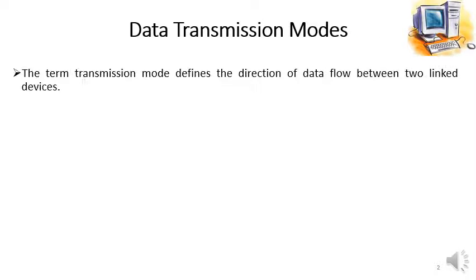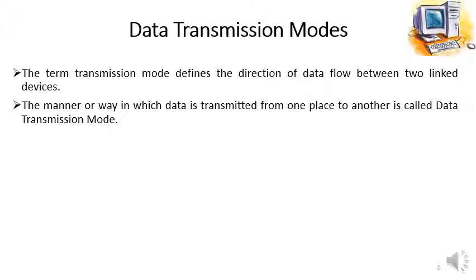Students, today we will study some of the data transmission modes with respect to the direction of communication, in which we will see the three modes of communication we use normally, that is simplex, half duplex and full duplex communication. So the term transmission mode defines the direction of data flow between two linked devices.